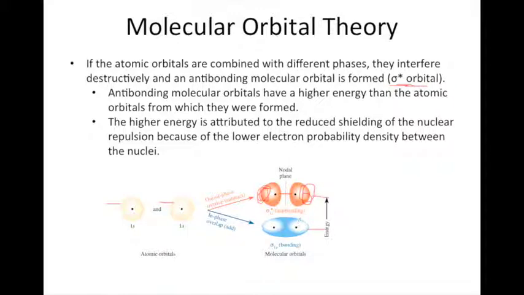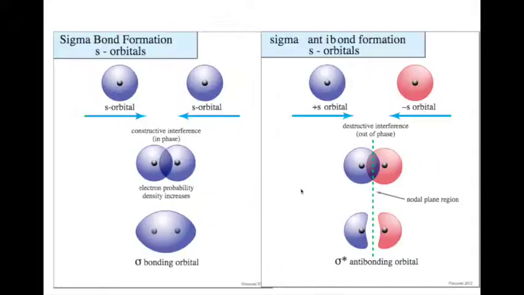The electrons are going to preferentially go into the bonding orbital first, but when it's full, then the electrons will go into the antibonding. Electrons in antibonding orbitals destabilize the molecule because the nuclei begin to repel each other, because the electron density is on either side of the nuclei.